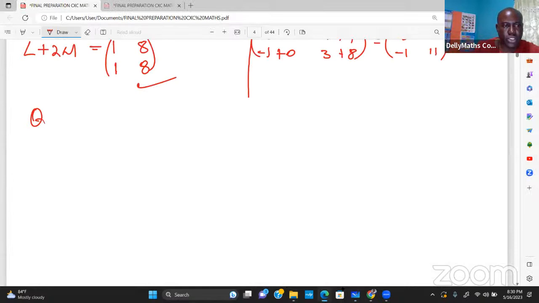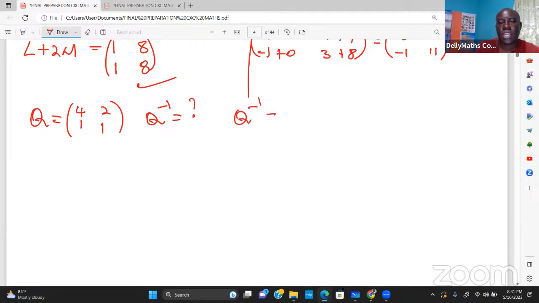So this is the matrix Q, 4, 2, 1, 1, and we're asked to find Q inverse. Remember, the inverse of Q is going to be 1 over the determinant of Q times the adjoint of Q. So let's find those two things and put them together.